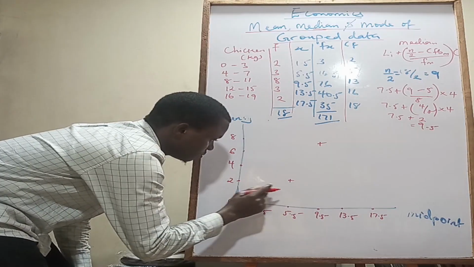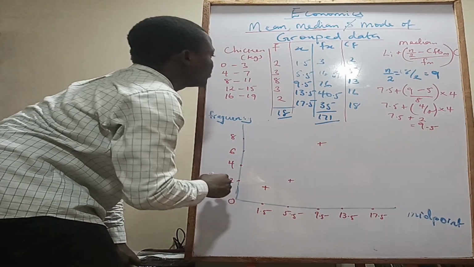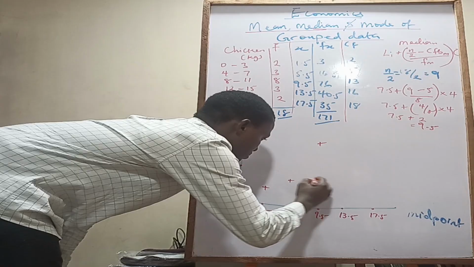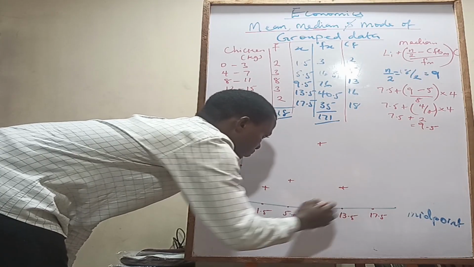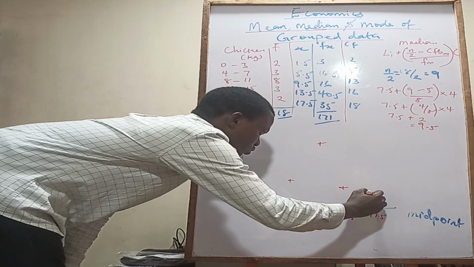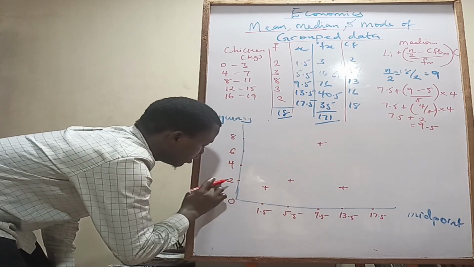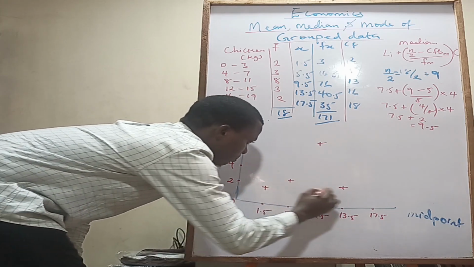Then 13.5 has a frequency of 3. And then 17.5 has a frequency of 2. 2 is supposed to be this high, 3 is here.